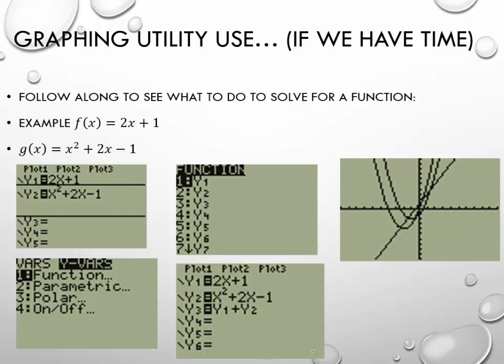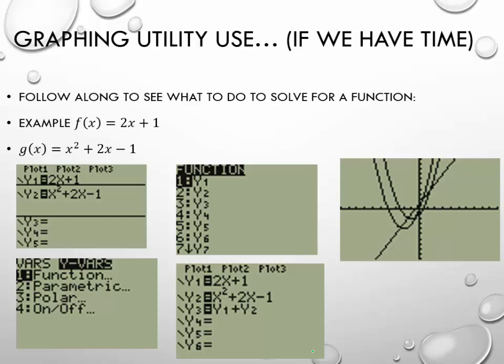The upper U is our Y2. The line is our Y1, and then the lower parabola, the lower U shape, is Y3, the addition of those two. Pretty neat.